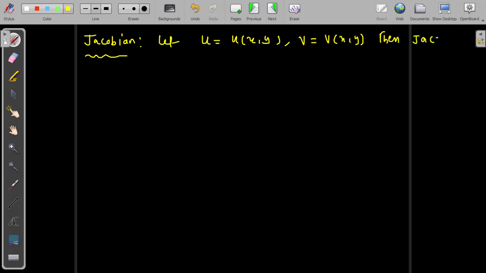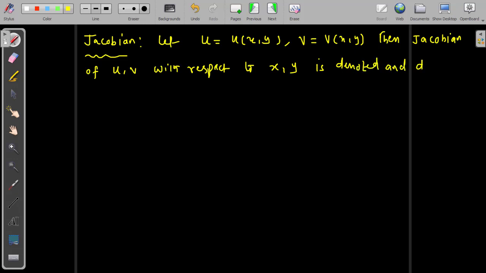Jacobian of u comma v with respect to x comma y is denoted and defined as follows. It is denoted by the symbol J of u comma v numerator by x comma y.